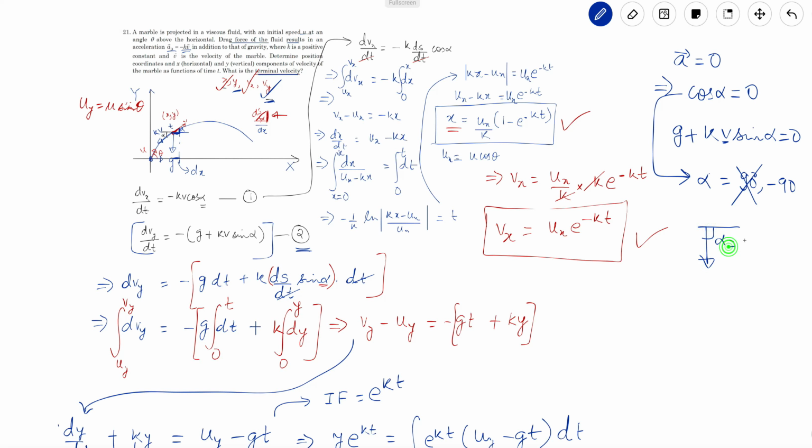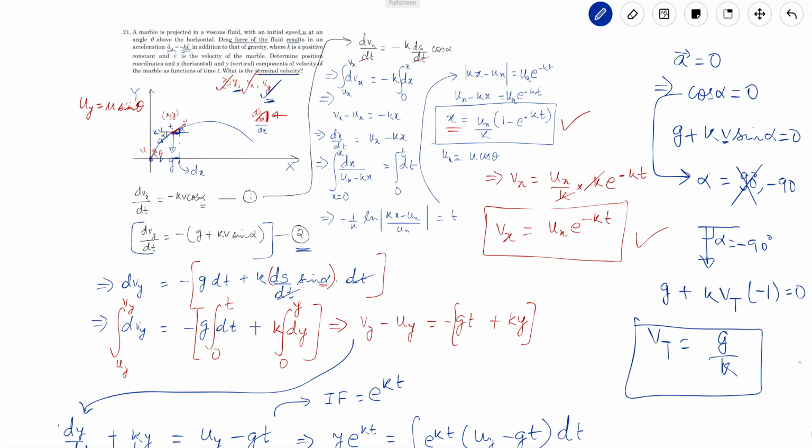So in that case, we will have g plus k times the terminal speed vt, times sine negative 90, which is minus 1, is equal to 0. So we have vt is equal to g upon k. This is the terminal speed and its direction is vertically downward.